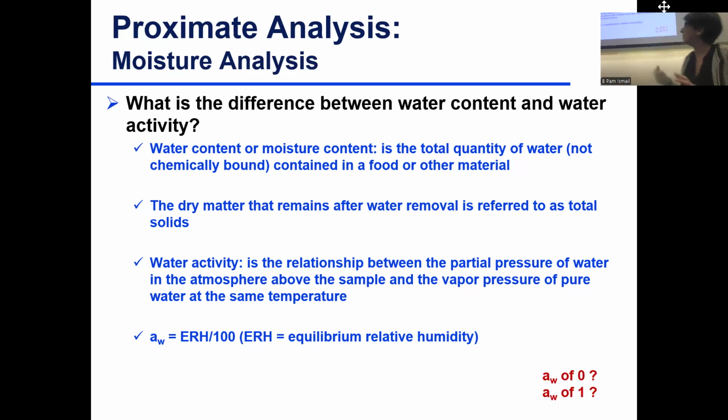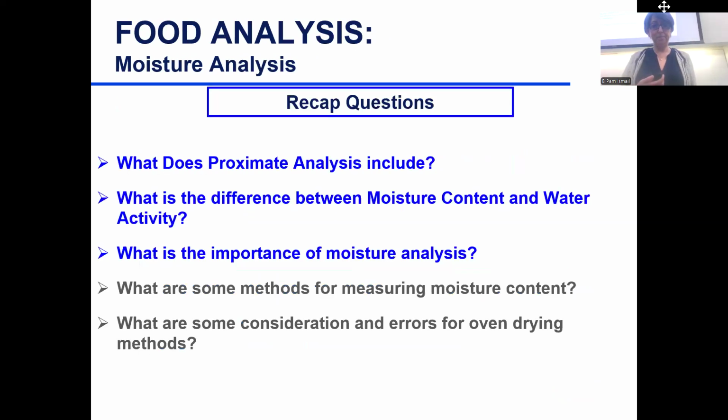So water activity is always in the range of 0 to 1, 1 being the highest, for 100% water. If you have just pure water, water activity would be 1. And 0 doesn't really exist. It would be where all the water is chemically bound and you have nothing that can be in the atmosphere above the sample, which hardly exists.